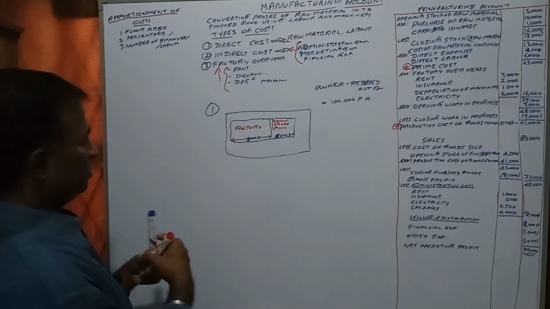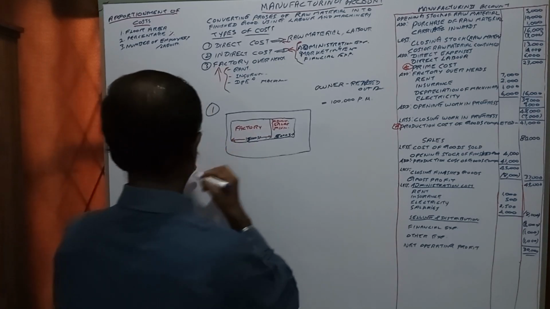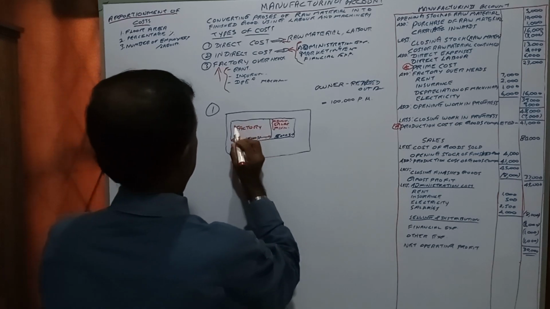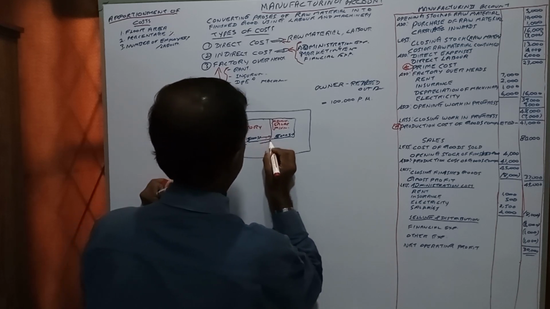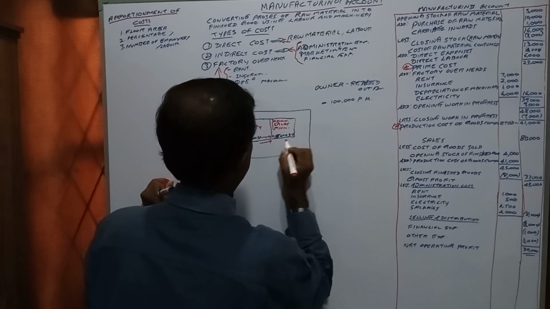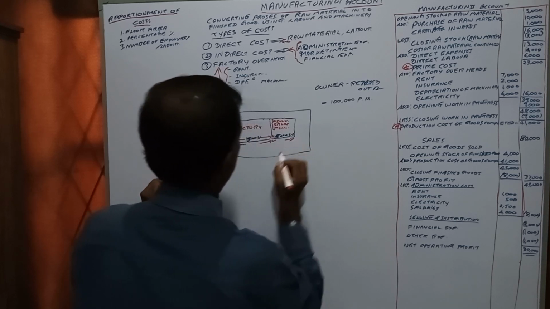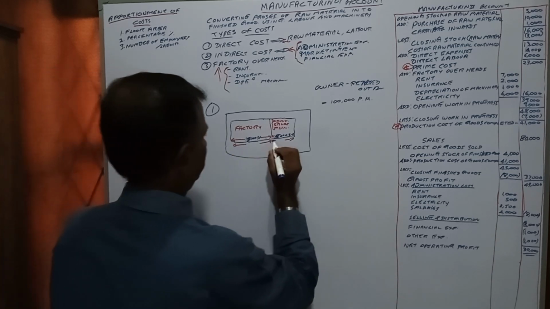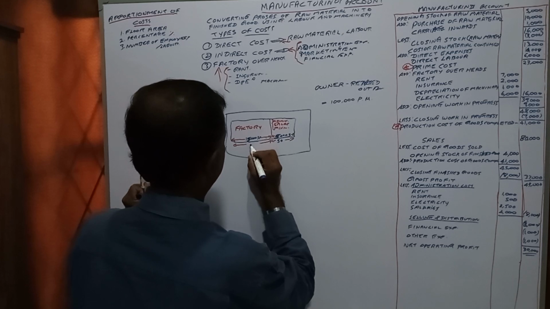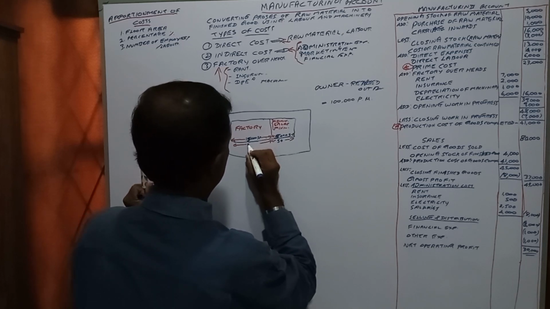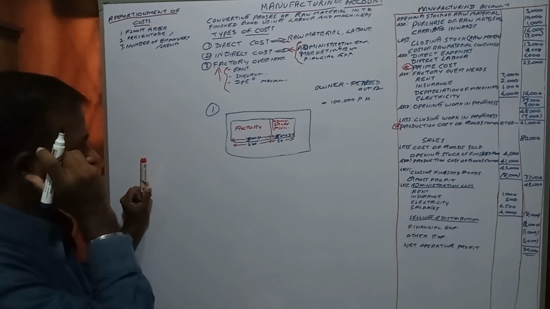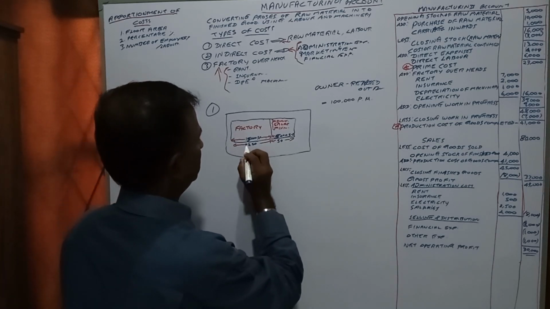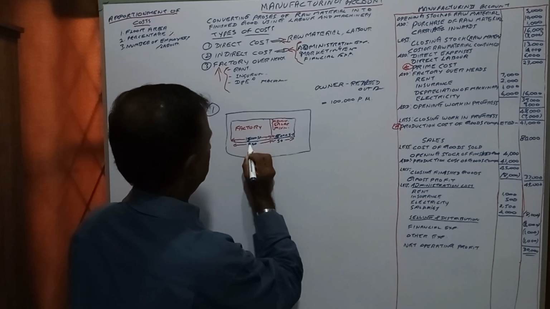Here, number of employees, here 50, here 250, otherwise you can say 450.